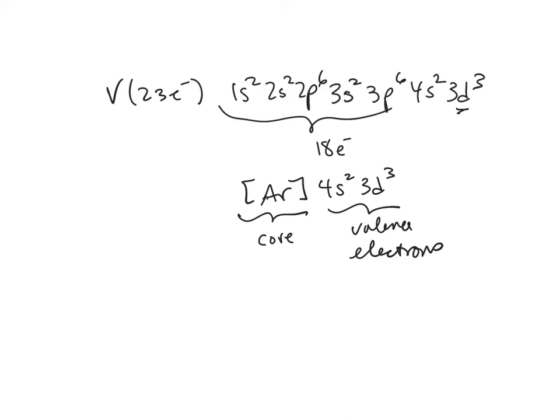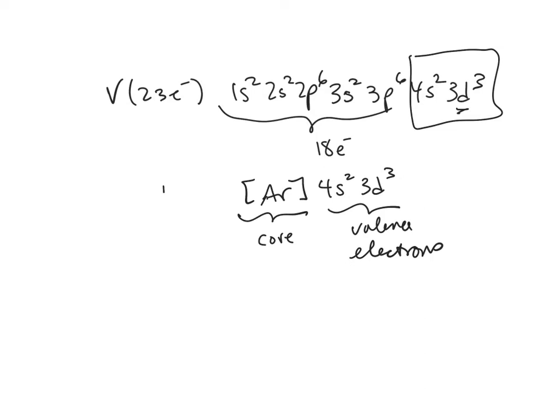The p subshell, the s subshell, and so on are filled. So then they're not involved in chemical reactions. The valence electrons here are the ones associated with chemical reactions. So that's why we separate them, because usually for chemistry, all we really care about are the valence electrons.